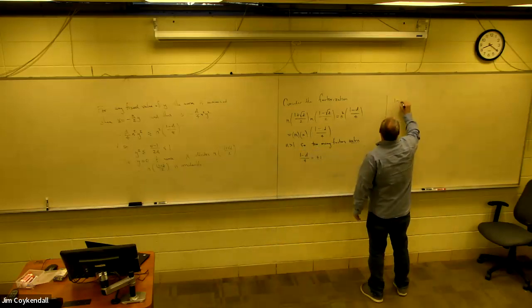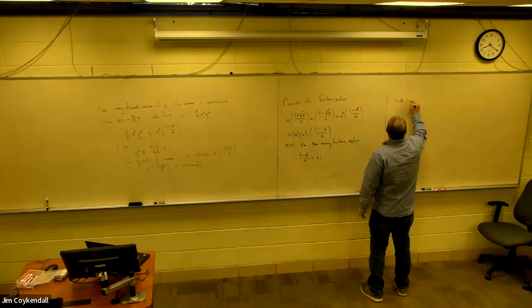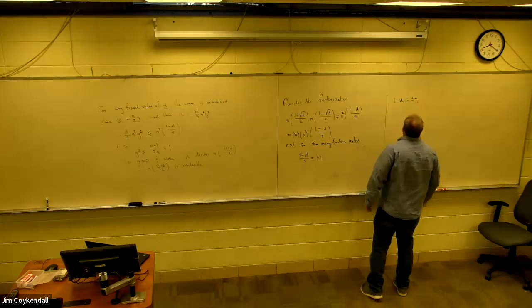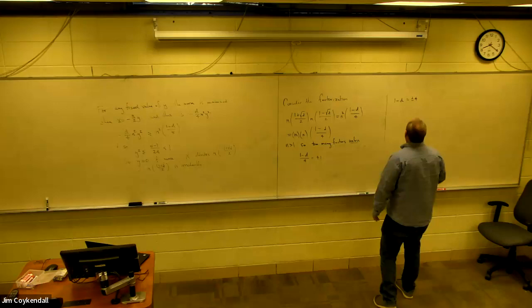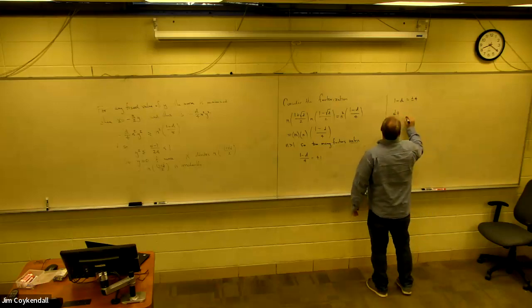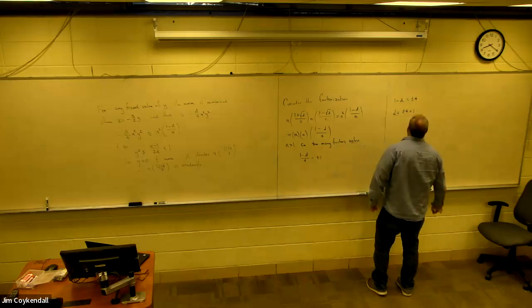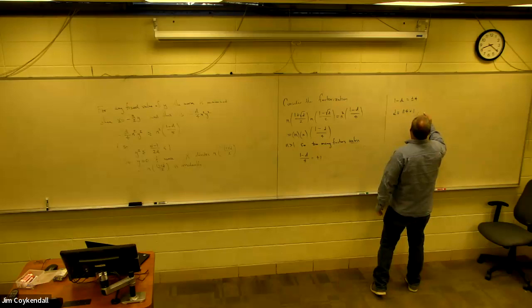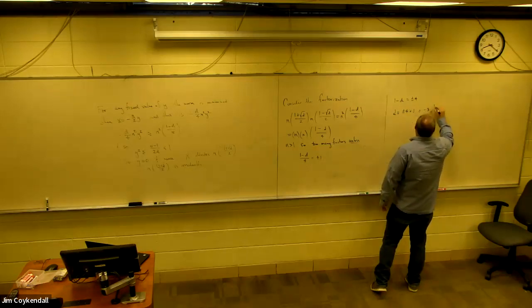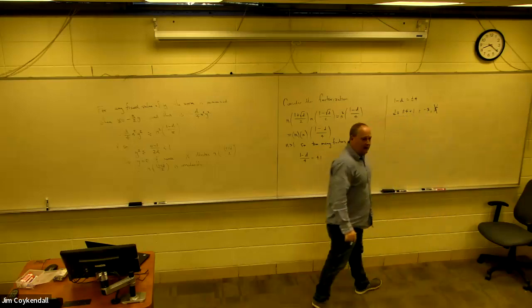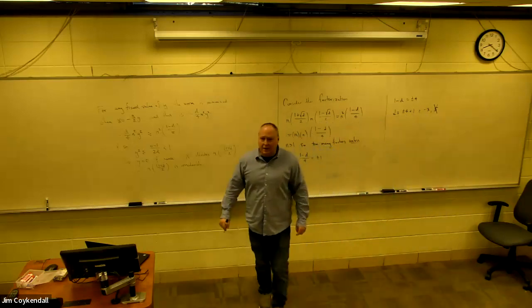This means 1 minus d is plus or minus 4, or d is plus or minus 4, plus or minus. Well, it certainly ain't 5, so d is negative, right?